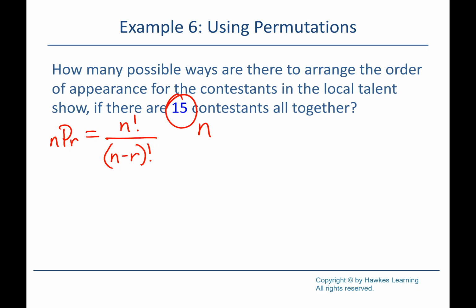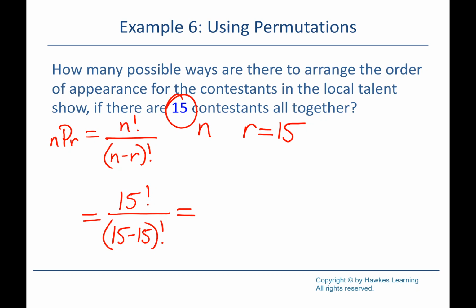We're just picking an order, so a little weird, but r is also going to be 15. So what we end up with in our formula is 15 factorial over 15 minus 15 factorial. That's 15 factorial over 0 factorial.